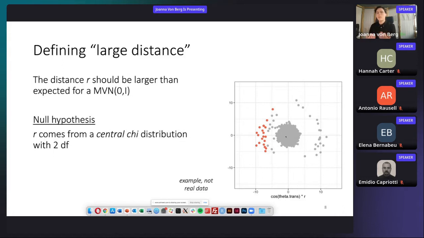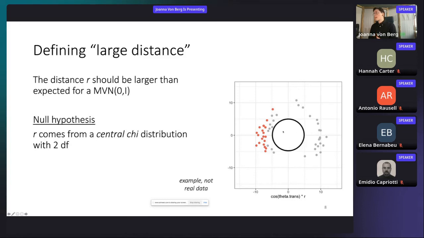That's the definition of a chi-distributed variable, and the 2 degrees of freedom are because we're looking at 2 traits. So we can use this to calculate p-values for the distances for each SNP, and this allows us to filter out these SNPs in the middle. So this is our first step.